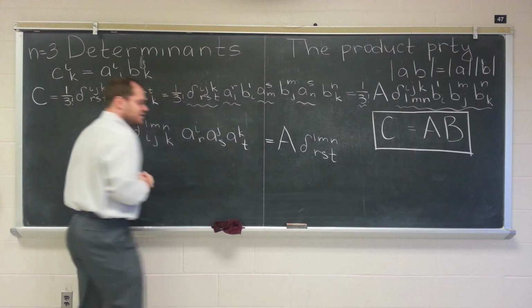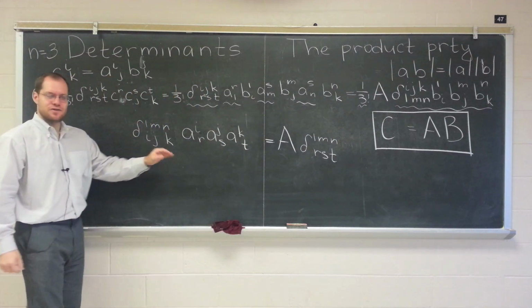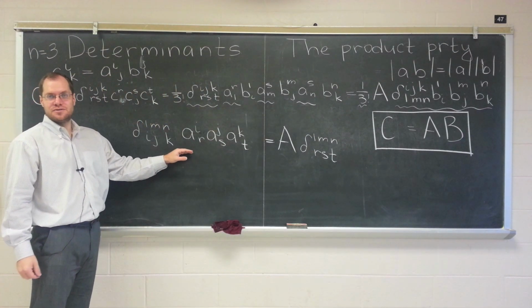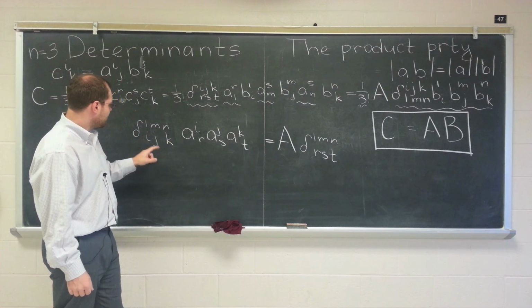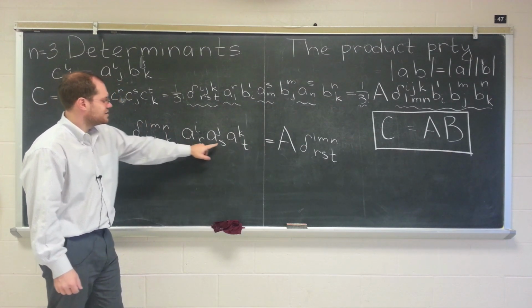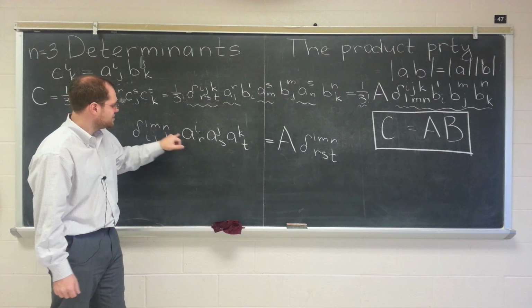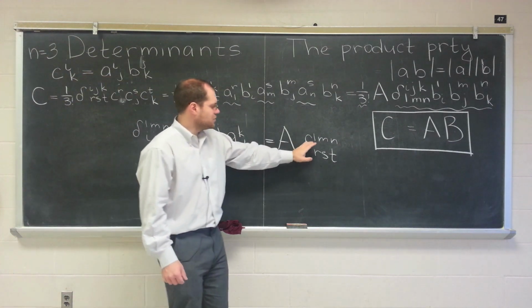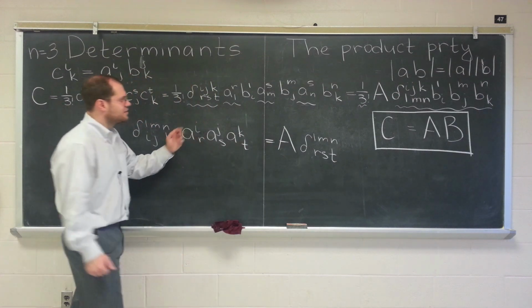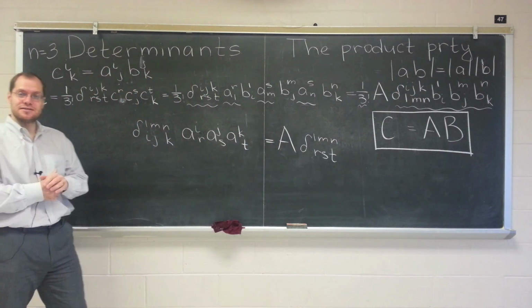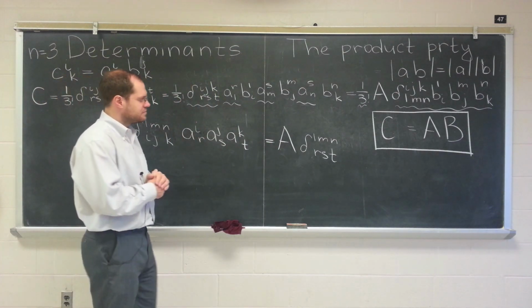That is just an immediate consequence of one of the earlier identities that we used before. And of course, if now I contract on LMN and RST, so I take RST in terms of LMN, here I will have 3 factorial times A, and here I will have a formula that we now use as the definition of the determinants. So there you go.